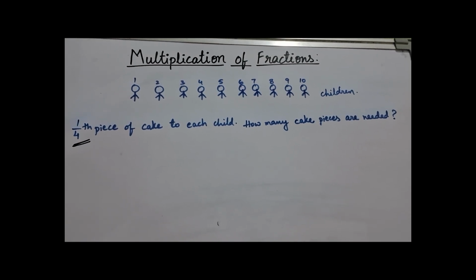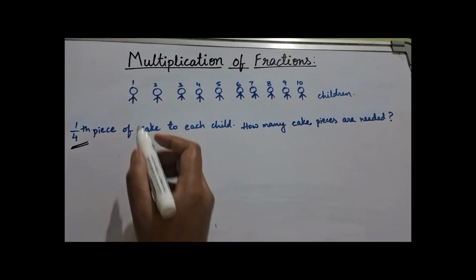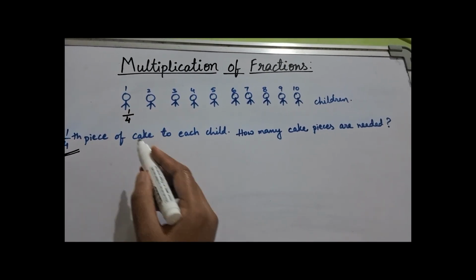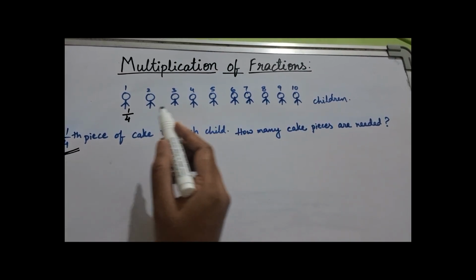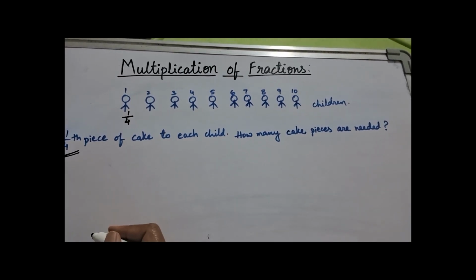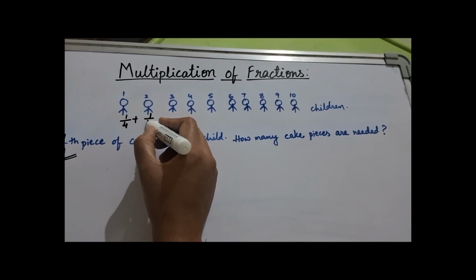But before that, we will do one thing, that is we will add all these cake pieces given to all these 10 children. So, the first child is getting 1/4 of the cake piece plus another child also gets 1/4.